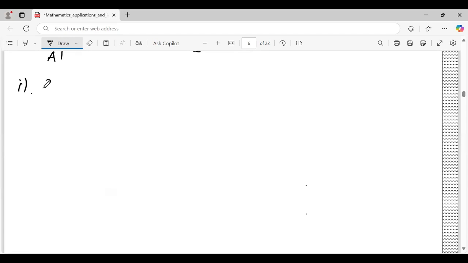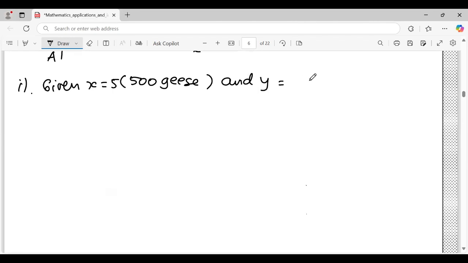Given x equals 5 and y equals 5, x equals 5 means 500 geese, and y equals 5 means 500 foxes.